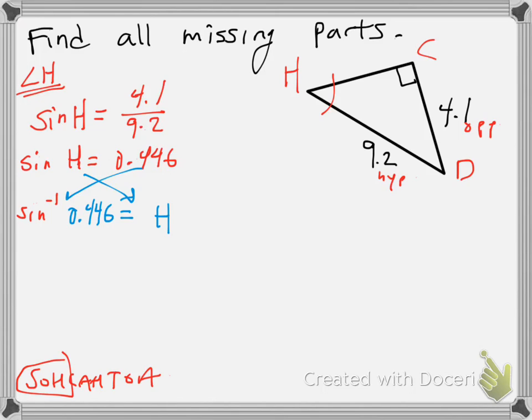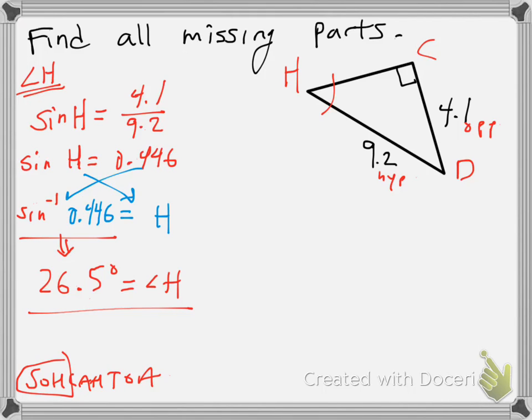That will give you inverse sine of the ratio that we just found. Opposite to hypotenuse ratio is 0.446. The inverse sine of that ratio, the calculator produces 26.49 degrees. Let's just call it 26.5. And there is angle H.